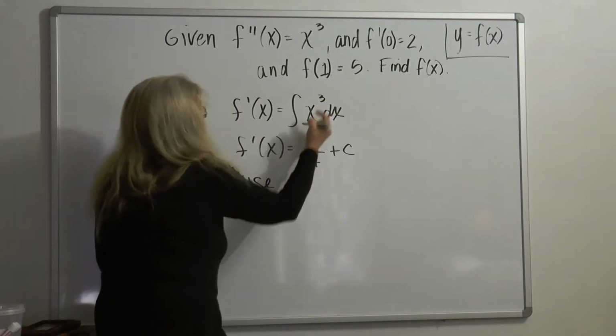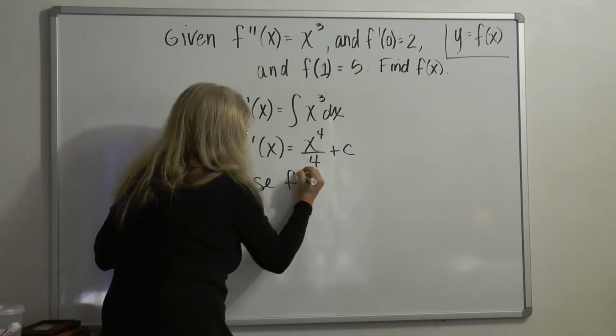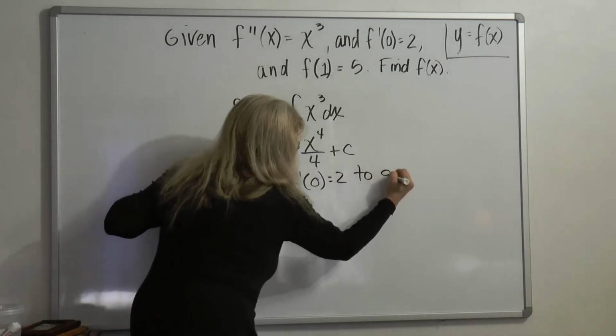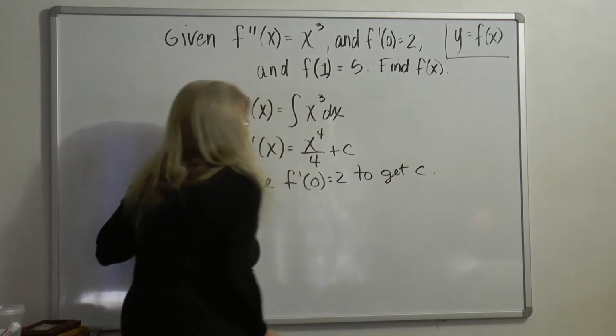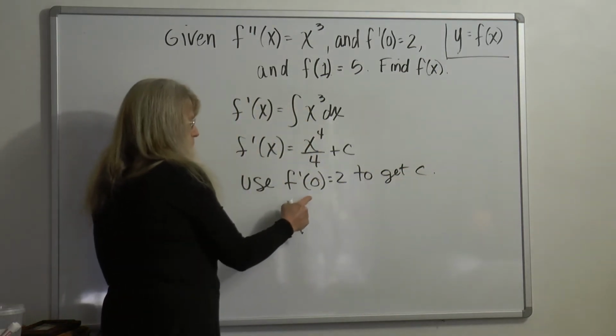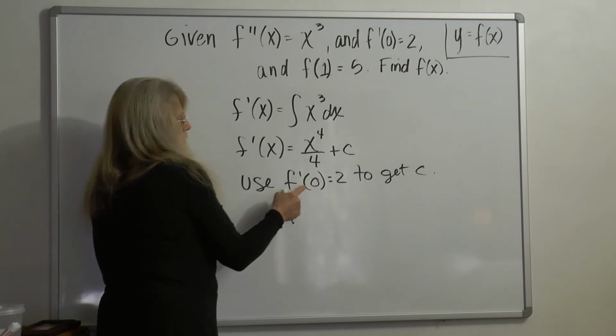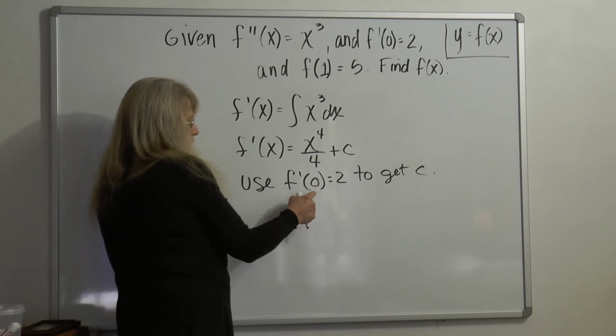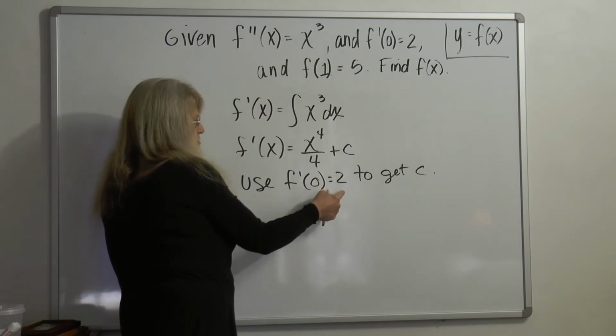Then we use this information that I gave to you. Okay, so this is telling me that for f prime, for my velocity function, when x is 0, the velocity is 2.